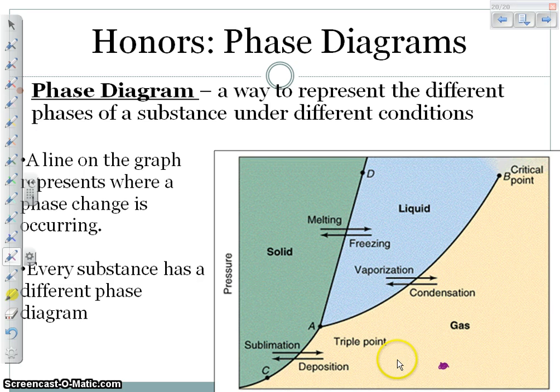Or if you happen to be at a high temperature and a high pressure, this substance is going to be a liquid. Or if you happen to be at a very low temperature and a high pressure, it's going to end up being a solid. Or if you happen to be at a low temperature and a low pressure, depending on where it falls on this line, it may be a gas, it may be a solid, or this may be right at the point where you have sublimation occurring.